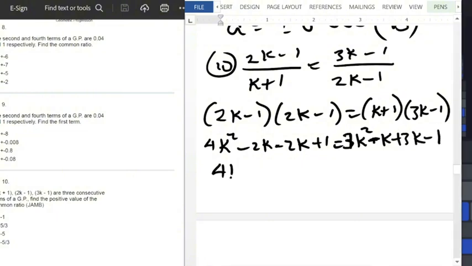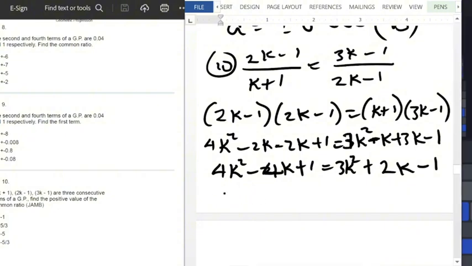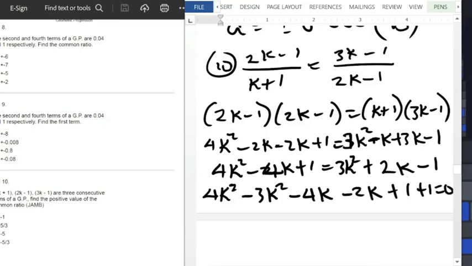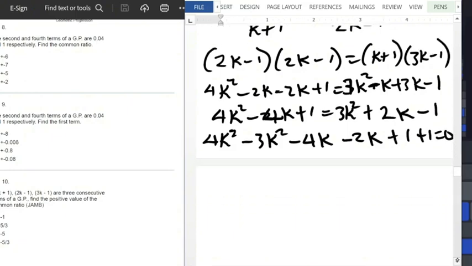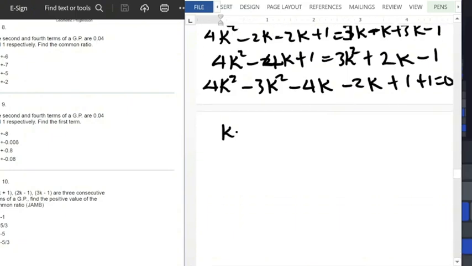So we have 4k squared minus 4k plus 1 equals 3k squared plus 2k minus 1. So collect the like terms. We have 4k squared minus 3k squared minus 4k minus 2k plus 1 plus 1 equals 0. So we have k squared minus 6k plus 2 equals 0.